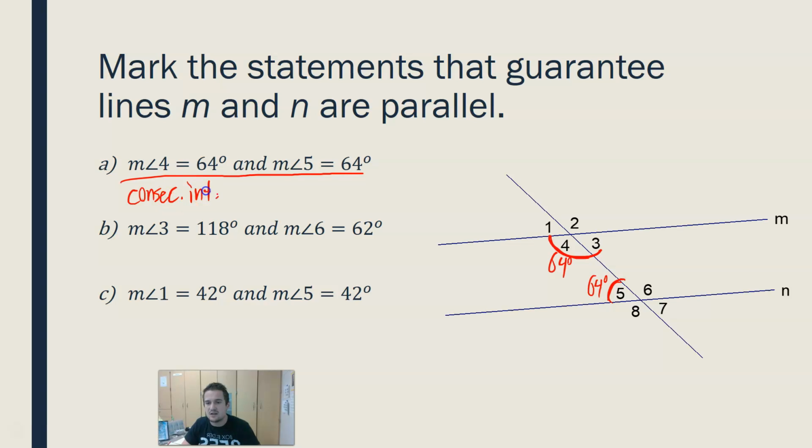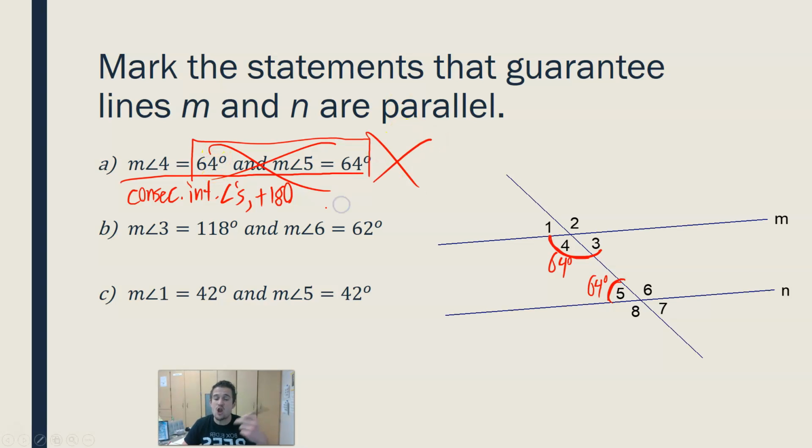Well, consecutive interior angles are supposed to be supplementary, or they're supposed to add up to 180 degrees. Does 64 and 64 add up to 180 degrees? No, they do not. So that does not tell me that those lines are parallel. Those lines are not parallel if those two angles are both 64 degrees.